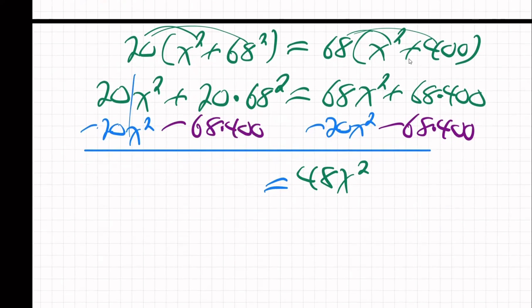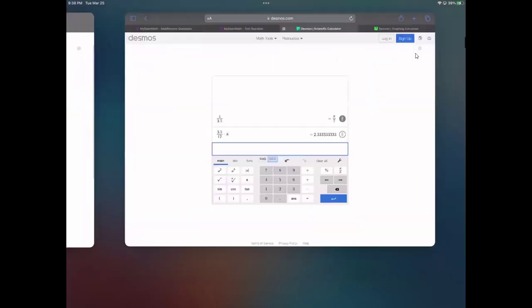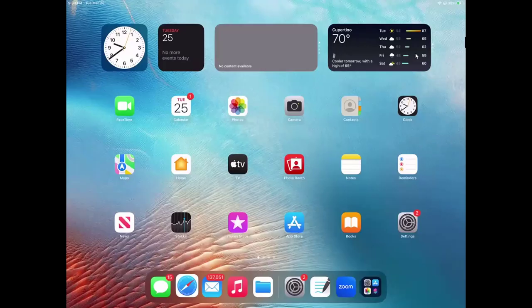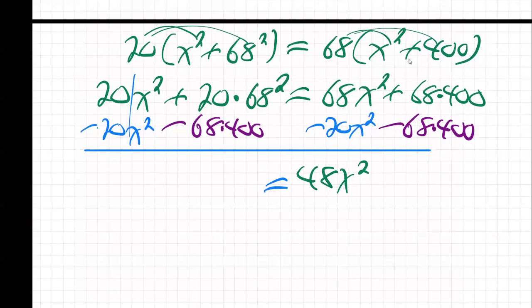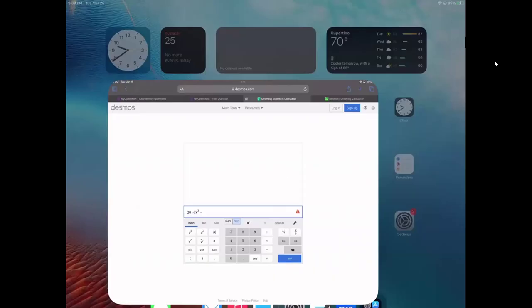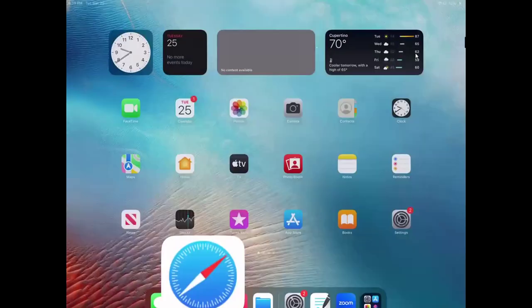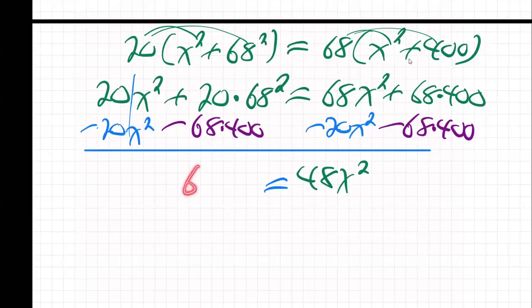I'm going to go hit Desmos now. 20 times 68 squared, minus 68 times 400. 68 times 400 is 65,280.